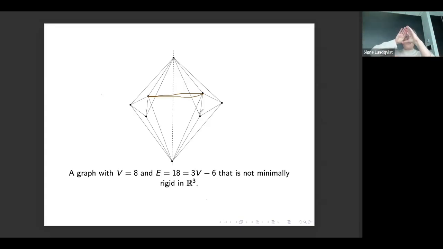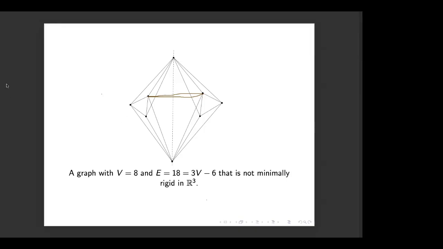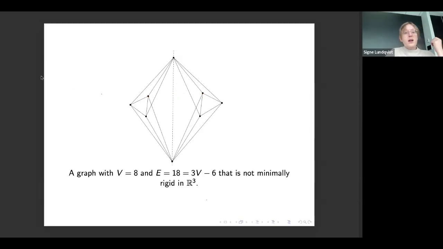It would just be a rotation, right? So if you add an edge here, it would be rigid. But I don't think that's generally true of flexible graphs that satisfy the necessary counting condition. But for the double banana, there is.